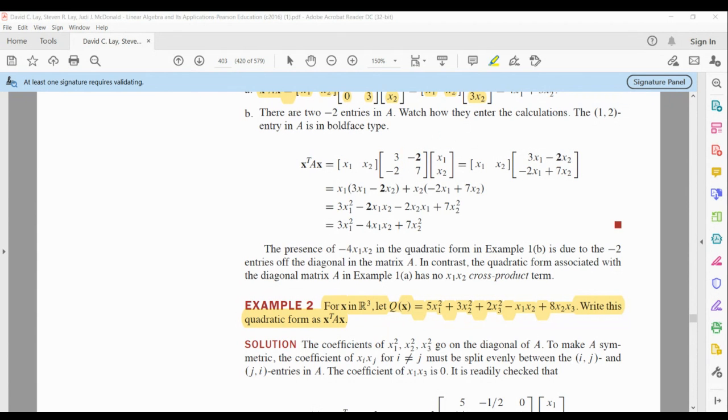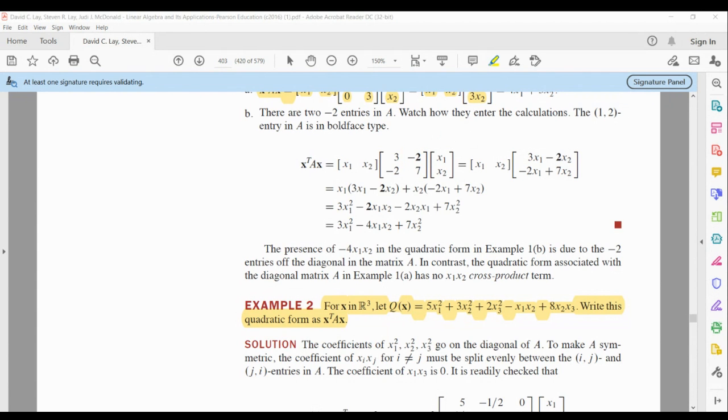And they want you to write the quadratic form as X transpose times A times X. I think it's obvious the vector X is going to have three components, x1, x2, and x3. But what would the matrix A be?